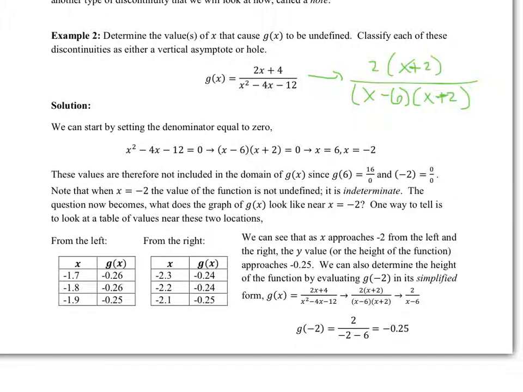This should say g of -2, it's a typo. What that is called is an indeterminate value. It's another word for it. What that means is we know that something weird is going on there. We don't know where the hole is or why that happens to that graph. It's not determinable from looking at this.